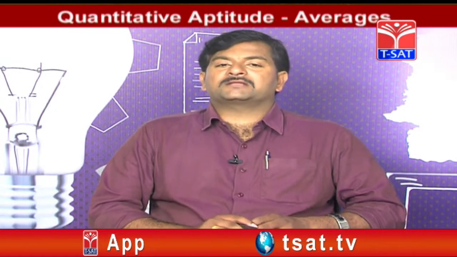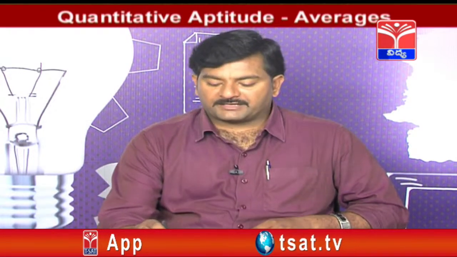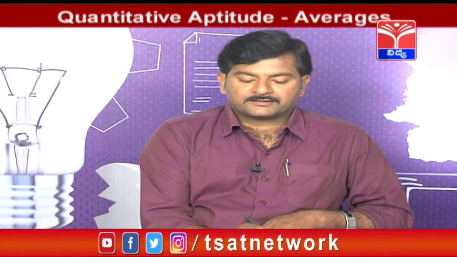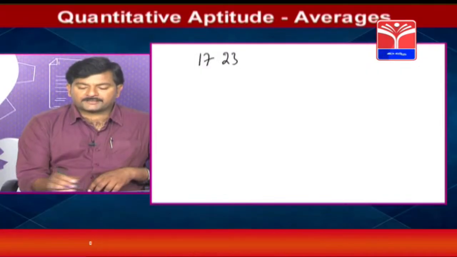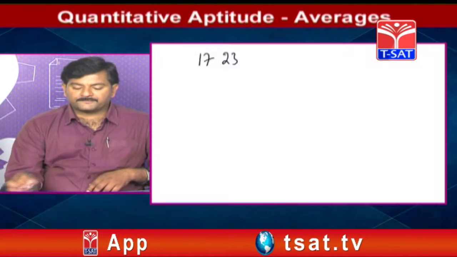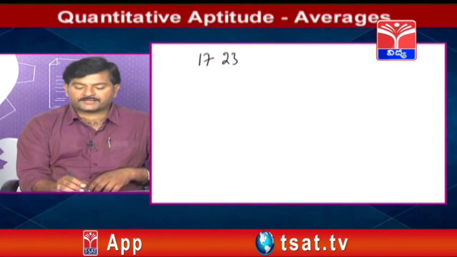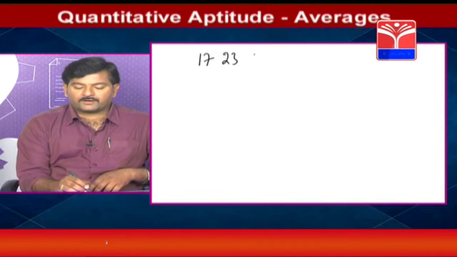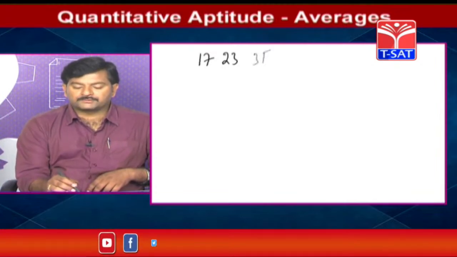So what are the numbers given? The given numbers are 17, 23, 35, 40 and 15. I hope you understood.